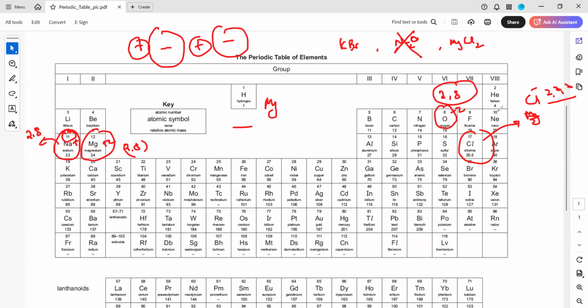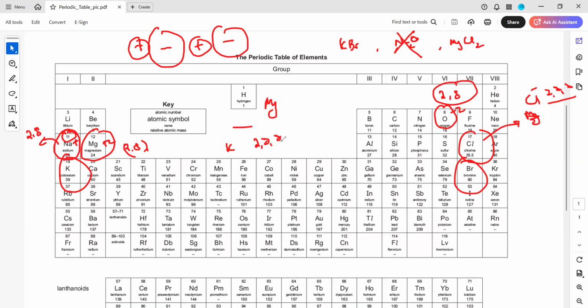Then it might be potassium bromide as well. If you check potassium bromide, the size of the potassium ion will be smaller, because when it loses an electron the number of shells decreases.